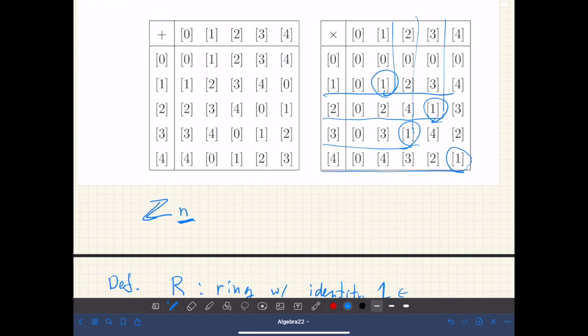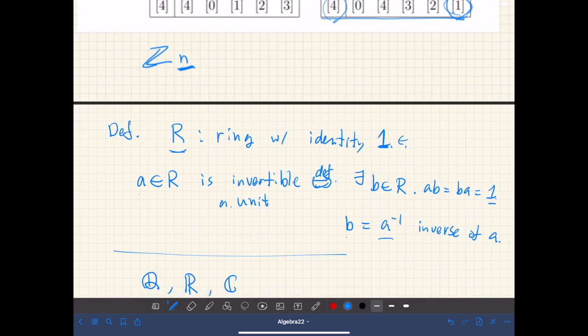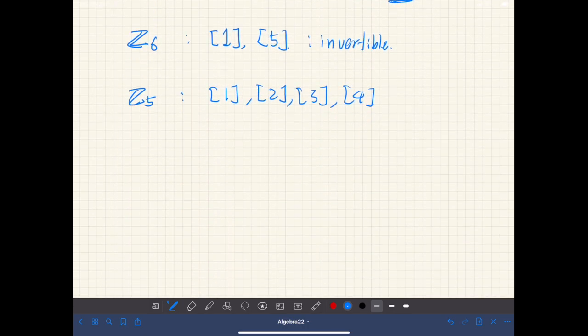So the inverse of 1 is 1, the inverse of 2 is 3, the inverse of 3 is 2, of course, and the inverse of 4 is 4. So every non-zero element in Z5 is invertible.